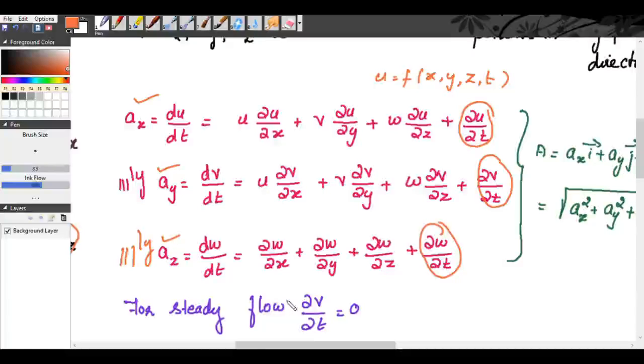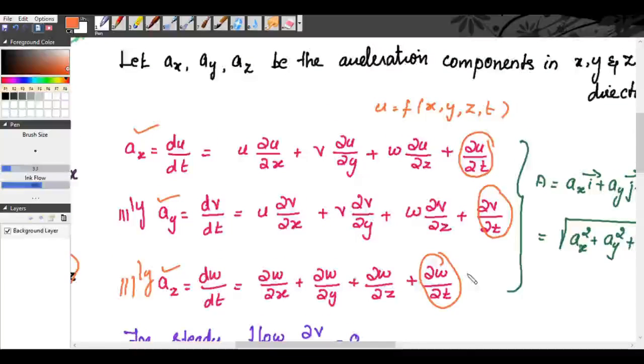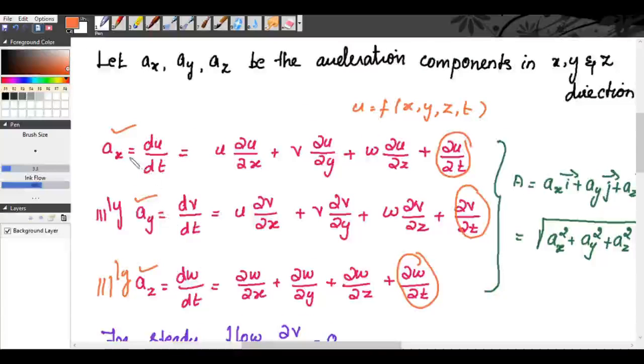Now we will see what is local acceleration and what is convective acceleration. So local acceleration means, in this acceleration we have acceleration components ax, ay and az. In these components, the differentiation of velocity components with respect to time is called local acceleration, that is the differentiation of velocity with respect to time.